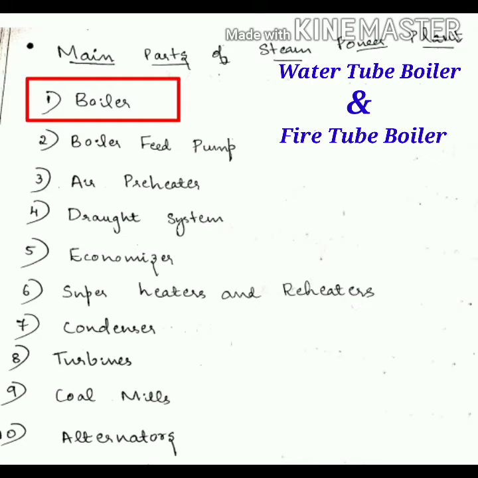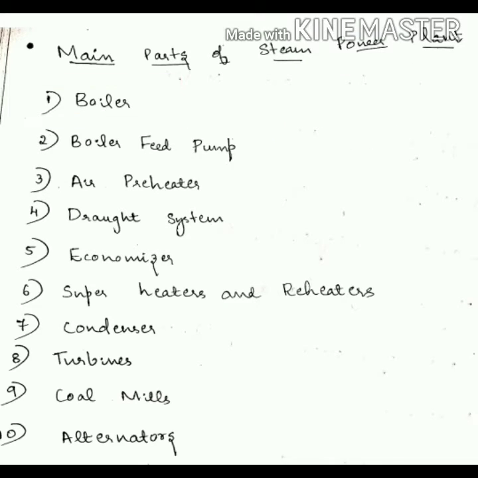Now we'll see which is more advantageous. In fire tube boiler, actually they are cheap, okay? But even if they are cheap, there is more chances of exploding. The volume of water is more in this case and therefore it's difficult to control.